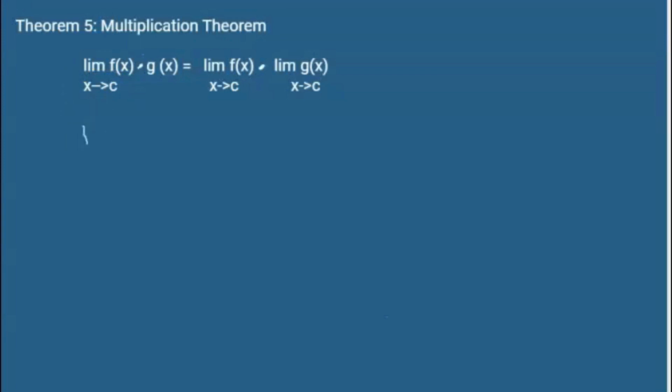Let's say we have the limit of f of x is equal to 4 as x approaches c, and then we have the limit of g of x equals negative 5 as x approaches c.